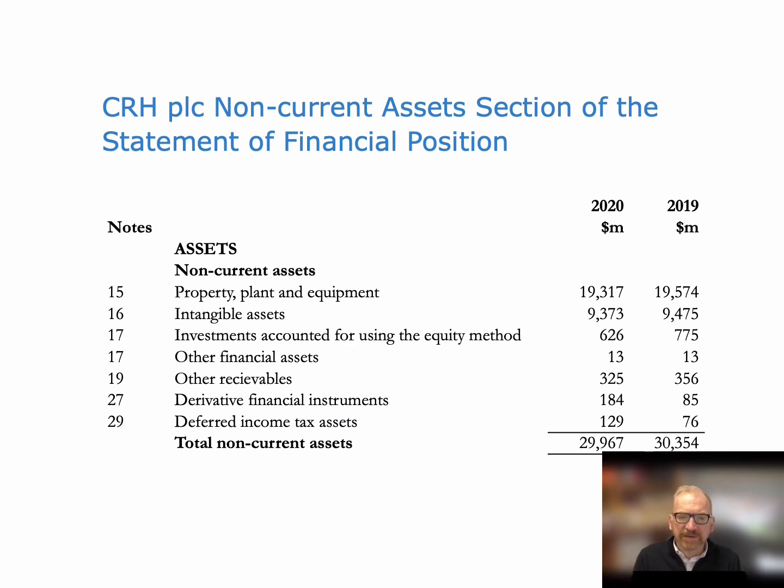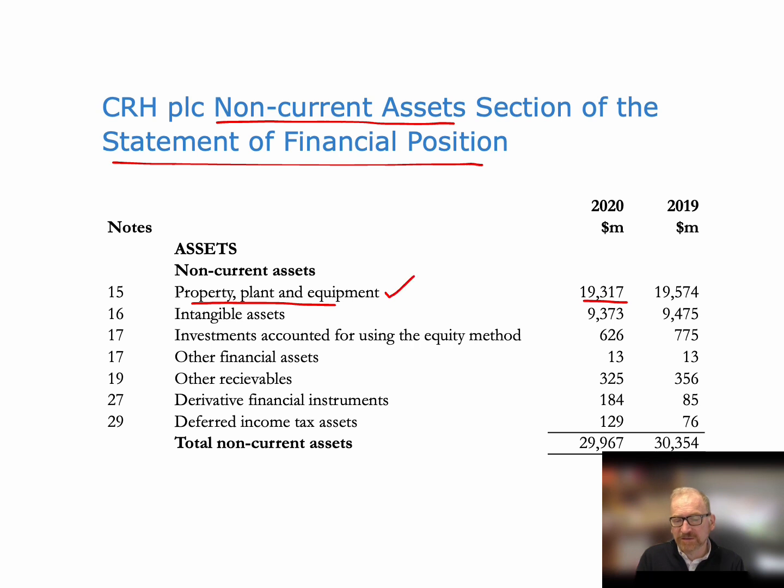We now look at the non-current assets section of the Statement of Financial Position. I'll also call the Statement of Financial Position the balance sheet. This terminology is older terminology, but it's still used extensively. Business people will refer to this document as the balance sheet all the time. Property, plant and equipment for CRH is 19.3 billion US dollars.